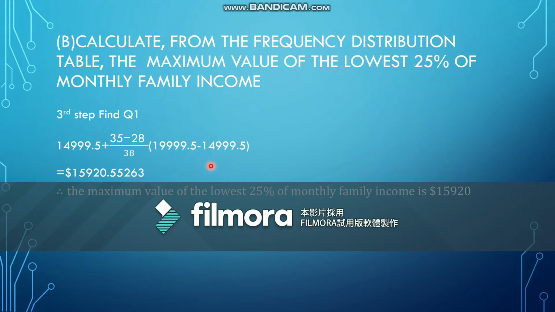So that we can find that the answer is $15,920.55263. Therefore, the maximum value of the lowest 25% of monthly family income is $15,920.